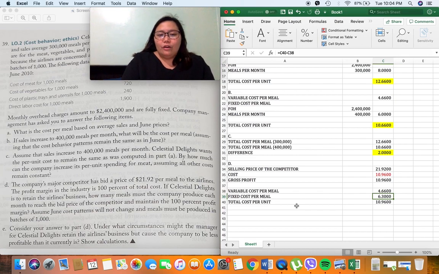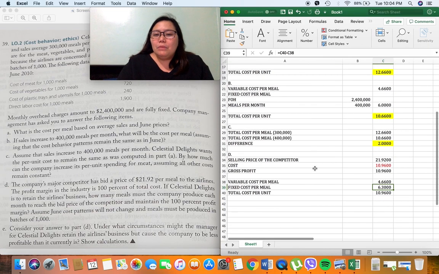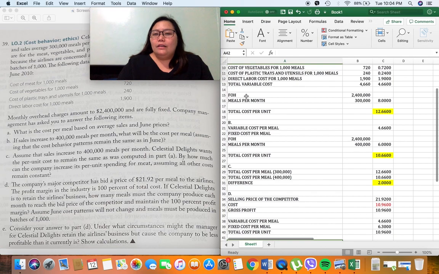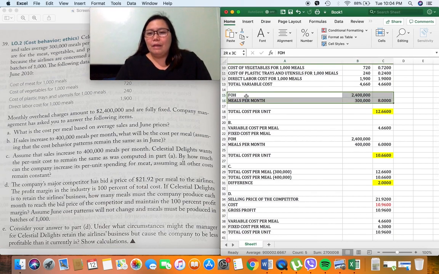So, ngayon, we're not yet done. Kasi nga ang tinatanong, how many meals should we produce? Remember, how do we compute for the fixed cost per meal? O going back, ito yung nagiging formula natin: factory overhead divided by the number of meals produced and sold for the month equals the fixed cost per unit.